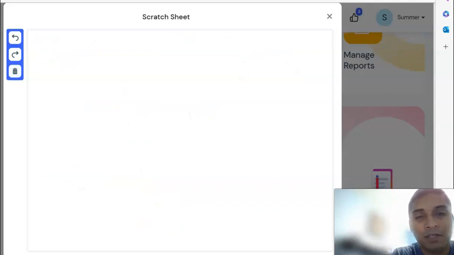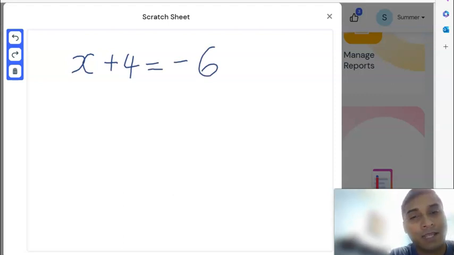The first application is when you solve equations. For example, x plus 4 is equal to -6. Now what you need to do is isolate the x value. In order to isolate it, you have to subtract 4 here, so you do the same thing over here: -6 minus 4.